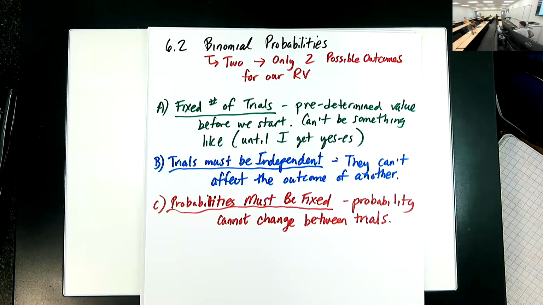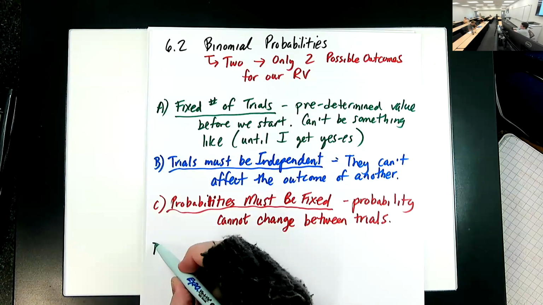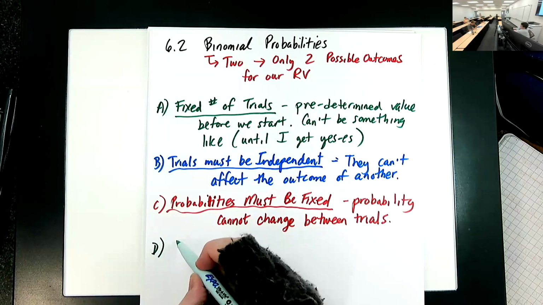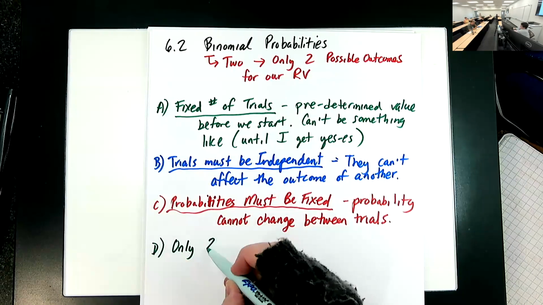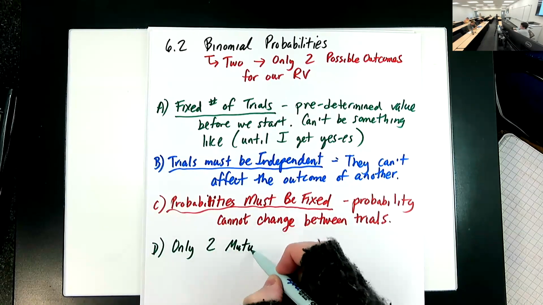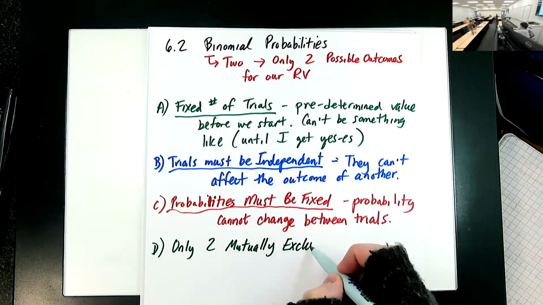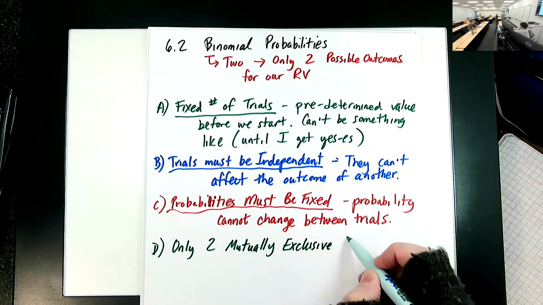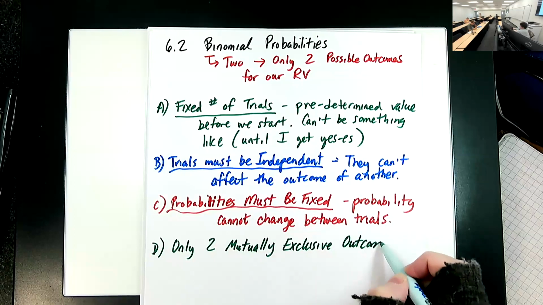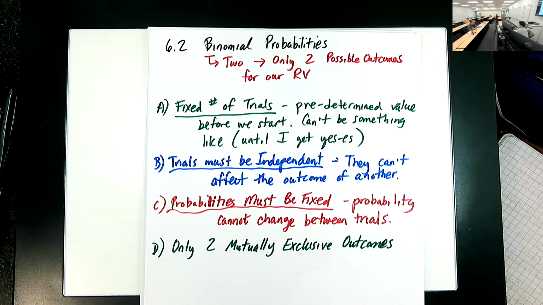And D, I actually already told you D. There must be only 2 mutually exclusive outcomes. I said only 2 outcomes earlier, but they can't have anything in common.